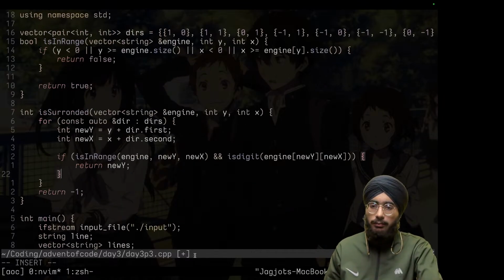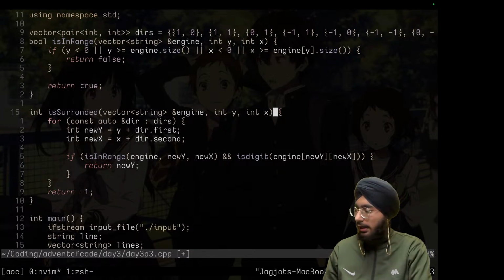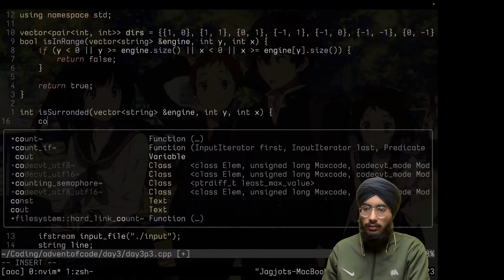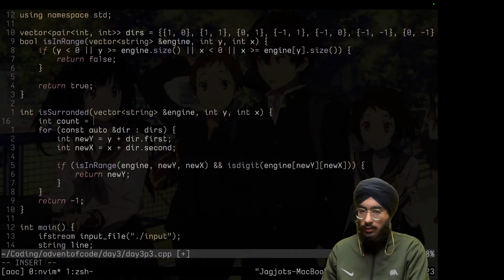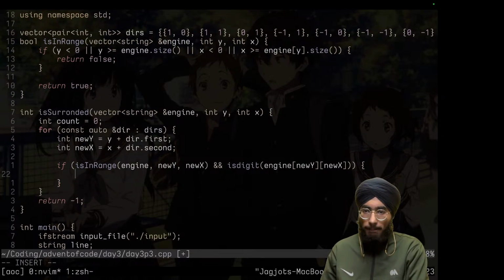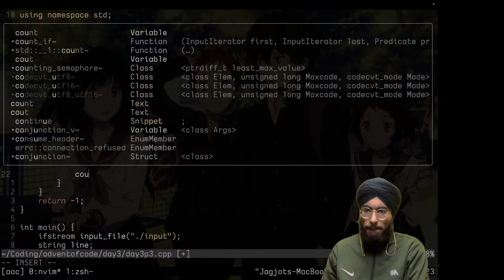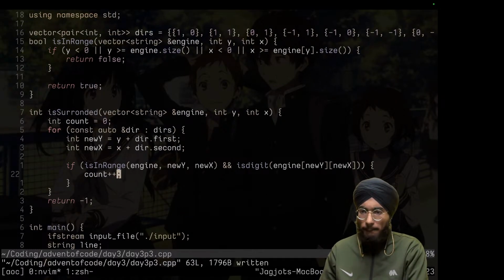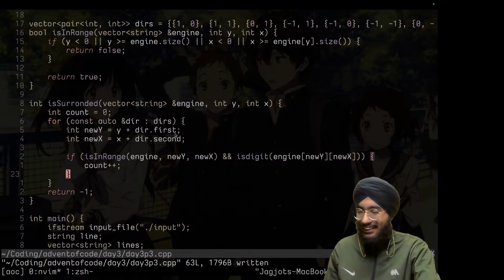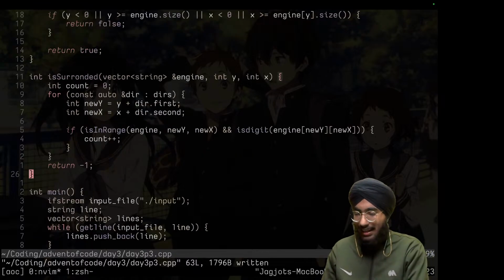We need to make a count, right? Since we need to tell if it is surrounded by two things, not only one. And count. Count plus plus.